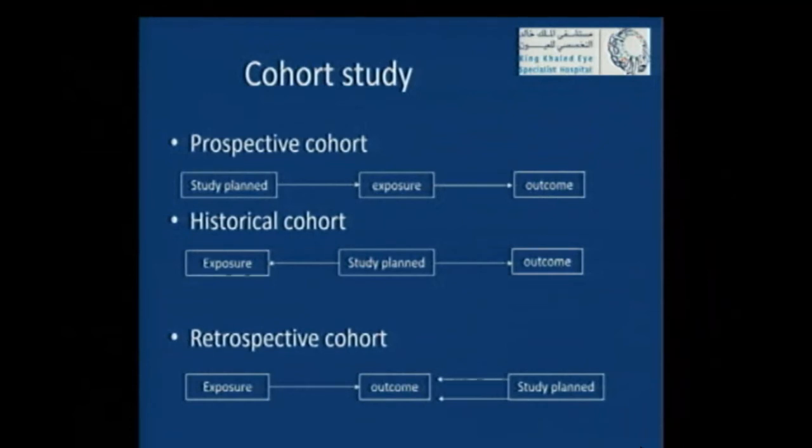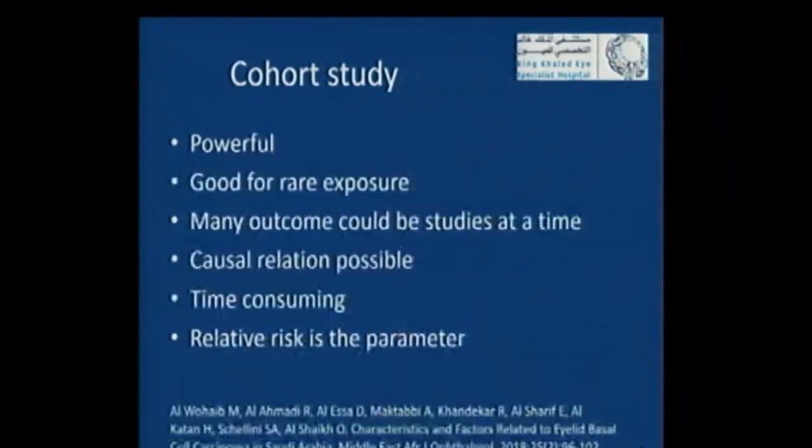And the third thing, which is a good name for case series, and that is retrospective cohort. Everything has happened in the past, but you are starting from exposure and coming out with the study outcome. So this is called historical cohort study, retrospective cohort study, and the ideal one is prospective cohort study.